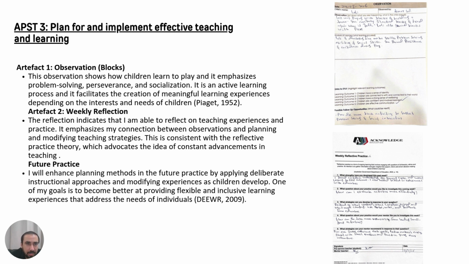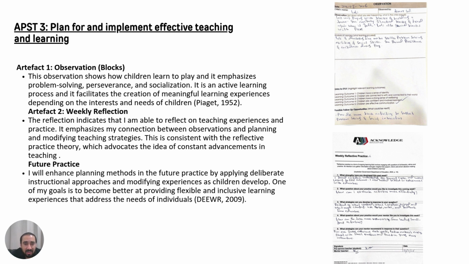So APST 3: plan for and implement effective teaching and learning. This standard is concerned with the planning and implementation of learning. The first artifact is the block play observation, which I did in my placement, which brings to the fore the problem solving and social skills of the children. This assists in informing future planning.